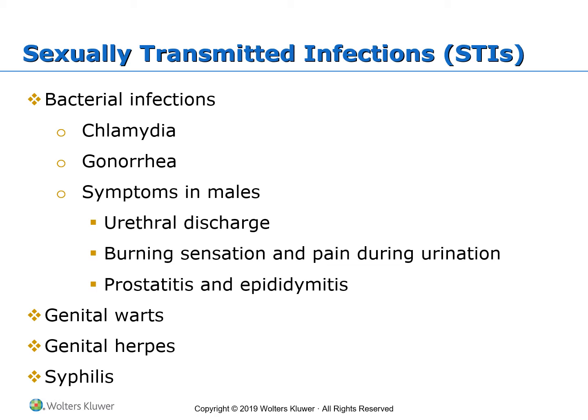Another condition is syphilis, which is caused by a germ called Treponema pallidum, which is a spirochete. This condition will start with a lesion at the level of the genital area that in most cases will not concern the patient because it's painless. It will be like an ulcer and a tiny wound.